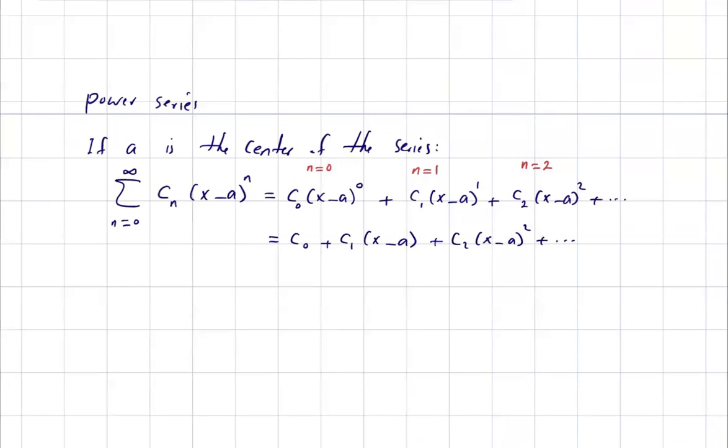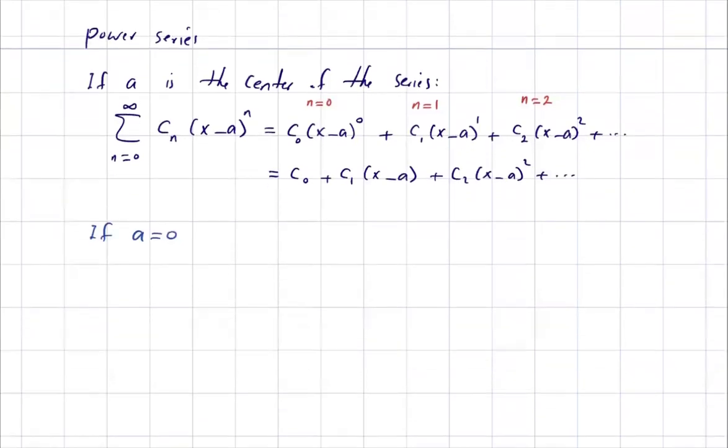If a is equal to 0, if the center is 0, then the power series can be written as the summation of c sub n x to the power n, starting from 0 to infinity.